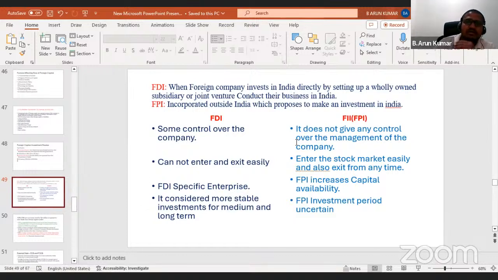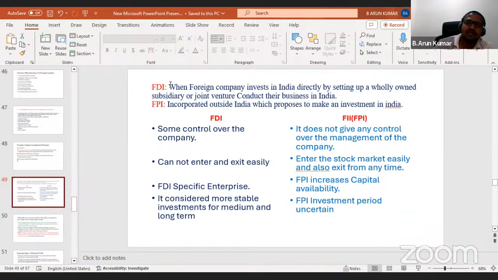FDI is nothing but when a foreign company invests in India directly by setting up a wholly owned subsidiary or joint venture to conduct their business in India.